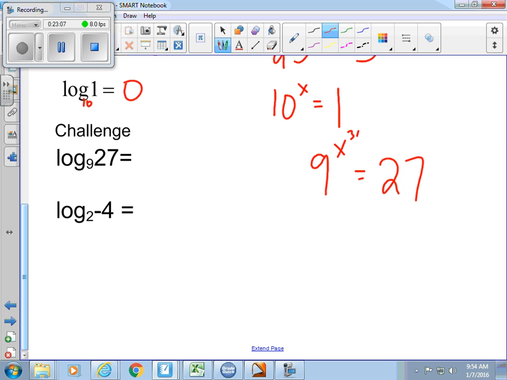What does a 3 over 2 power do? What's the 2 do? The fraction. Square roots it, doesn't it? Square root of 9 is 3. 3 cubed is 27. Strange one, but it makes sense that the calculator said 1.5.